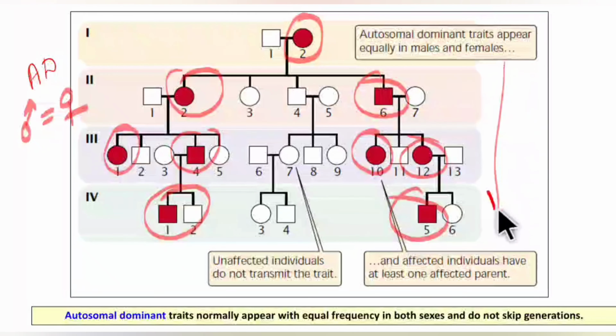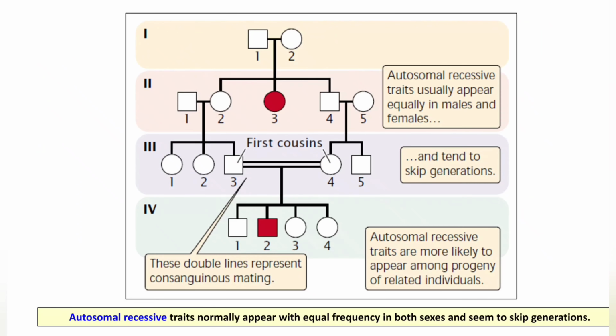It means there is no skipping of any generation, and that is the recognizing feature of an autosomal dominant trait. It appears in both sexes, male and female, with equal chances, and it will not skip any generation. So these are the two characterizing features of an autosomal dominant trait.